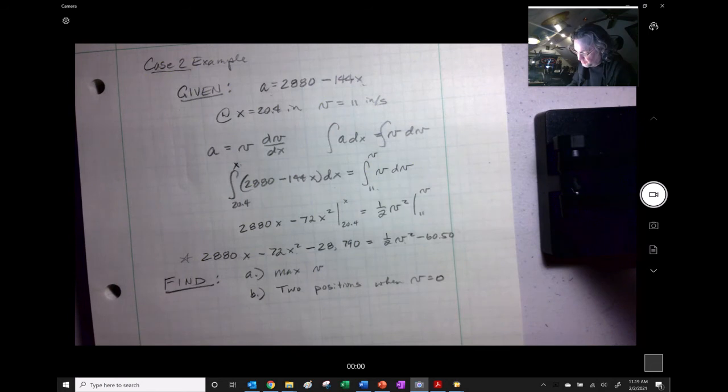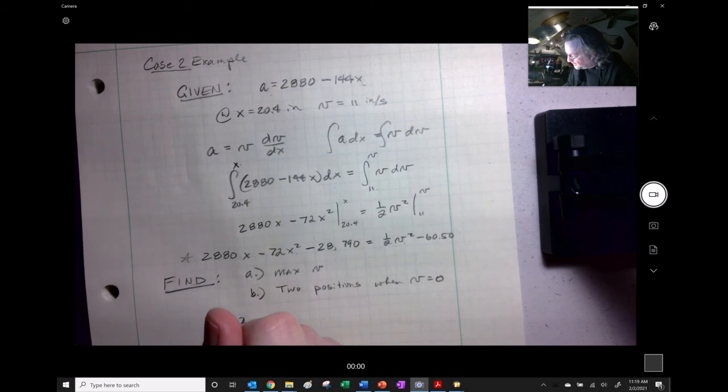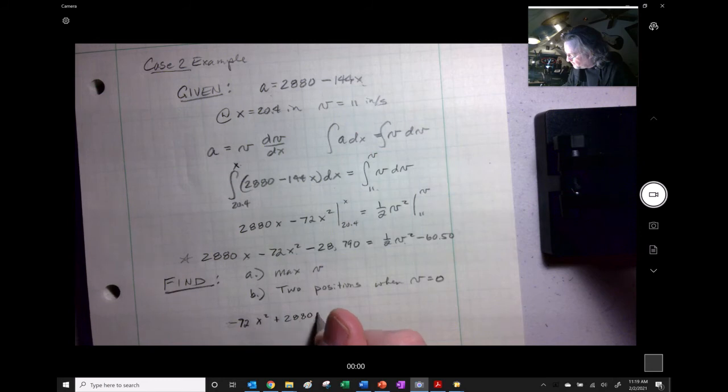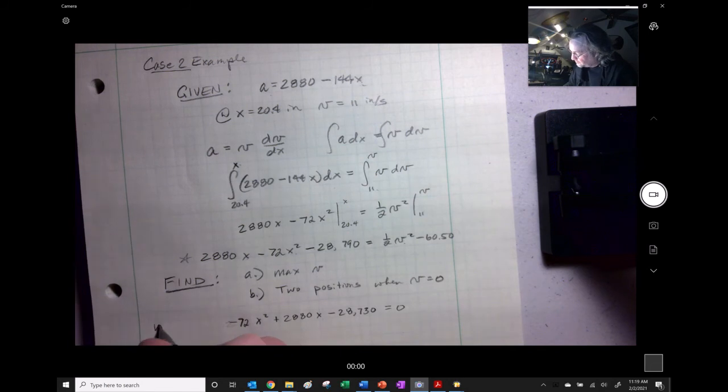So 60.5. All right. Negative 72x squared plus 2880x, and then minus 28,730. That's good enough. It's going to be equal to 0 when v is equal to 0.